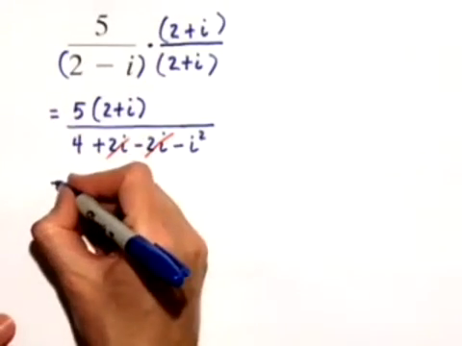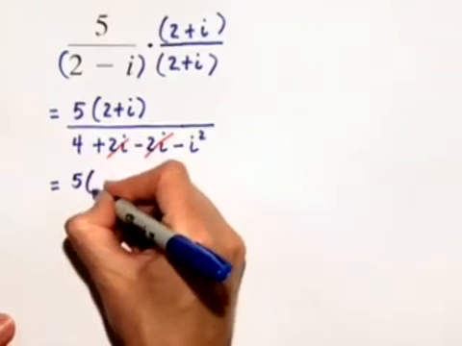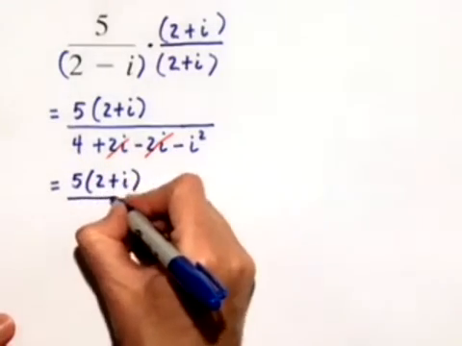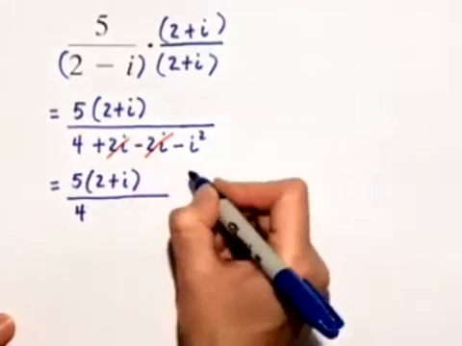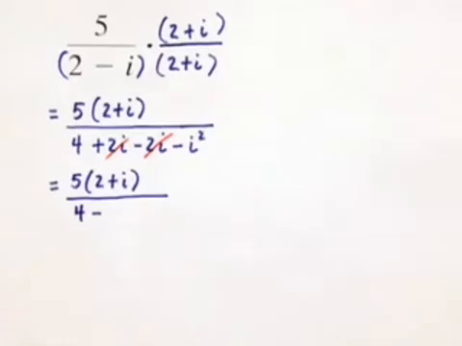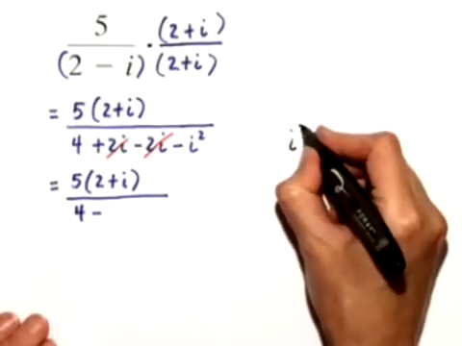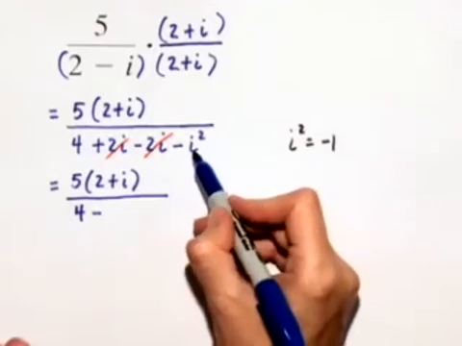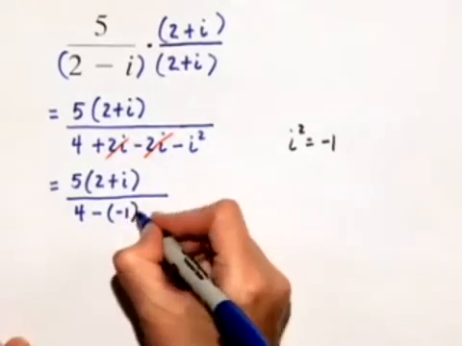So what we really have is the numerator stays the same, 5 times the quantity 2 plus i, divided by 4, we have minus i squared. Remember what i squared is. i squared is equal to negative 1. So we're going to substitute negative 1 for i squared.